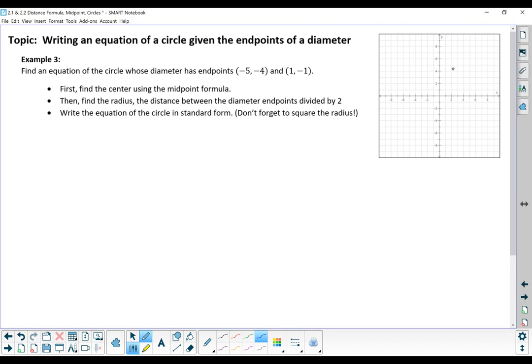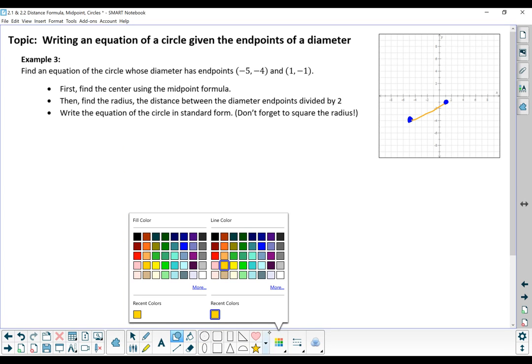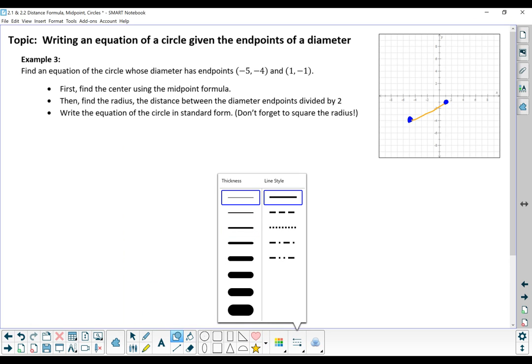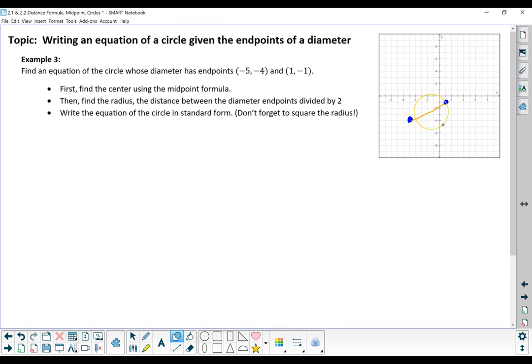So this circle, and I'm going to use a graph to help me, and I think that is a great strategy to always graph these. It tells us that the diameter has endpoints at -5, -4, and at 1, -1. So here is our diameter. The circle that we're talking about looks like this.